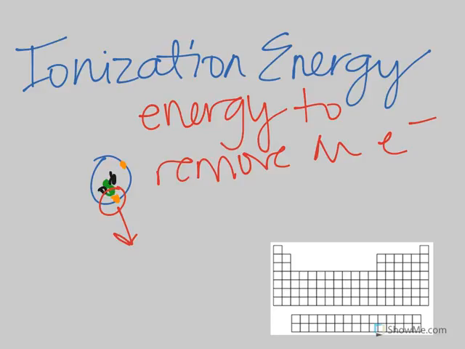Well, if you think about it, as you go down a column in the periodic table, you increase the number of energy levels or rings around an atom. Well, if you were holding on to something and you had it held very far away from you versus really close to you, you would be able to hold on to it more tightly if it was close to you.